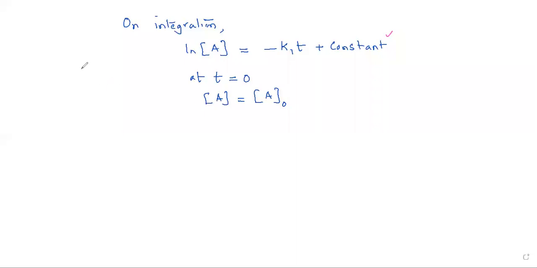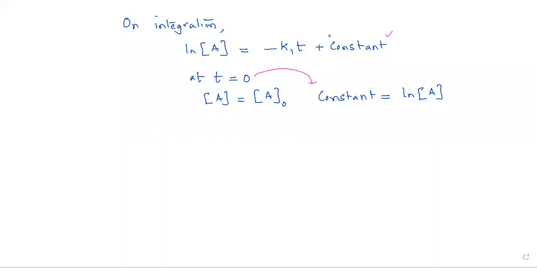Next. Now, when t is equal to 0, A is equal to A naught. Similarly, when t is equal to 0, we can write, say, this becomes a 0, then the constant becomes equal to log A, right? Because this becomes a 0.